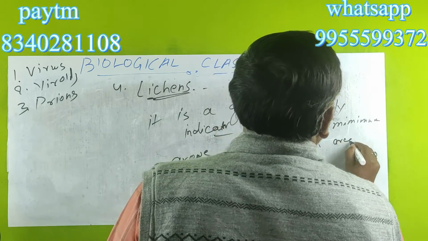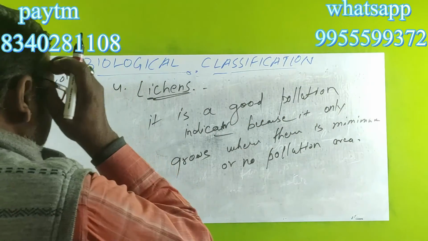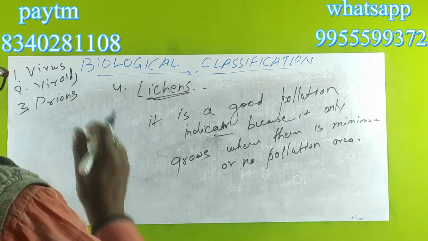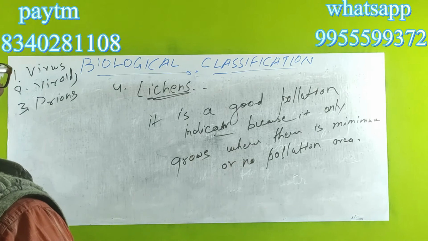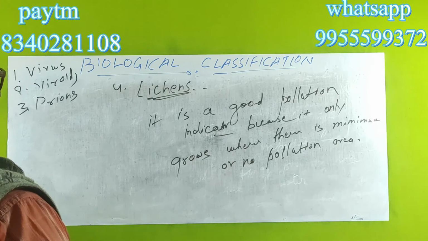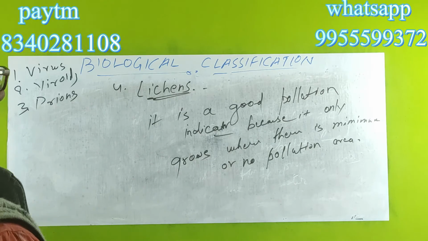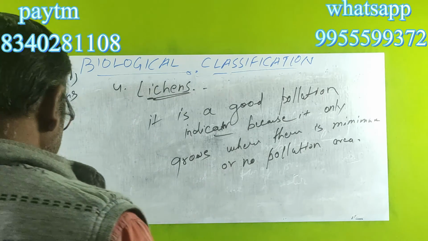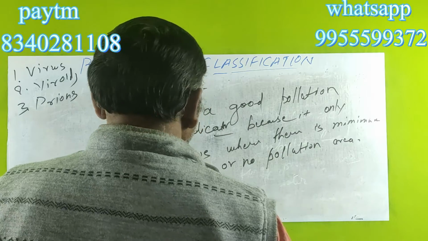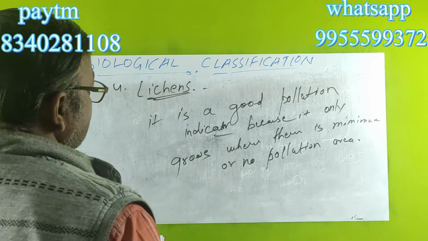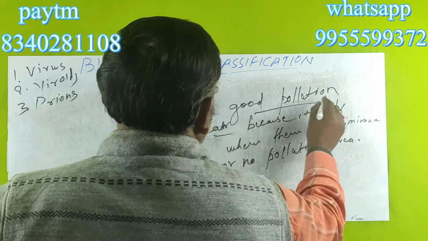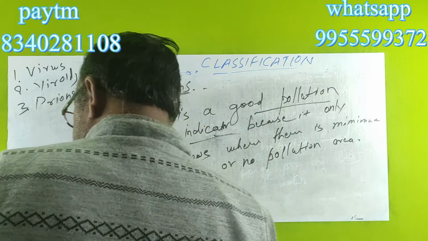So lichens are a good pollution indicator, because where they are found, it shows that there is very minimum or no pollution in the area. So lichens are good pollution indicators.